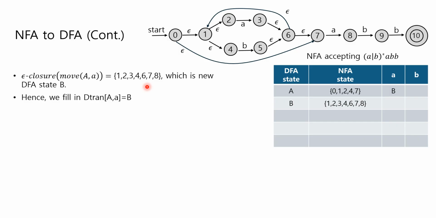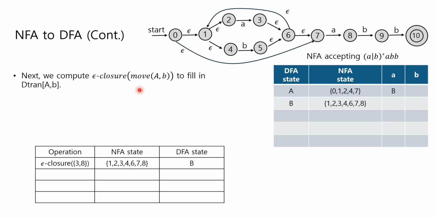So we repeat this process to compute Dtran[A, b]. To compute Dtran[A, b], we compute the epsilon closure of move over A, b to fill in Dtran[A, b].